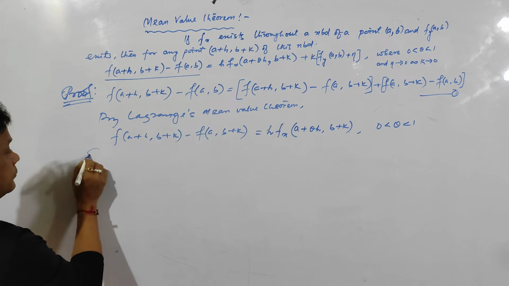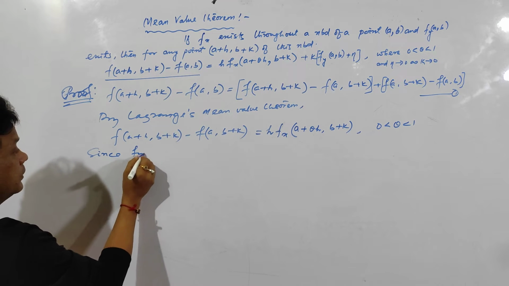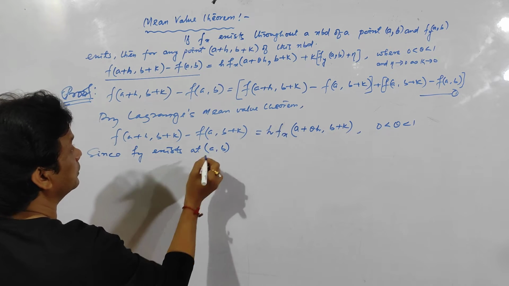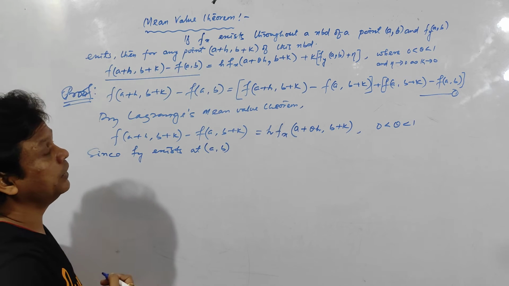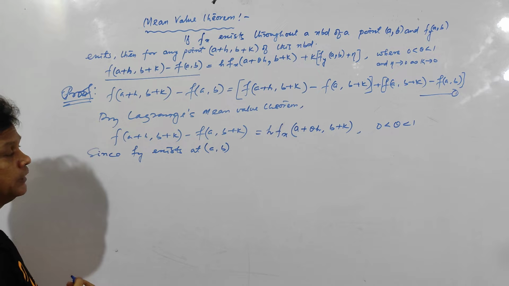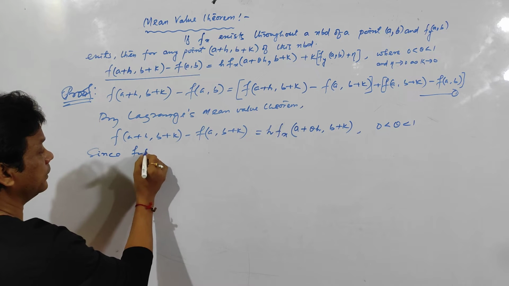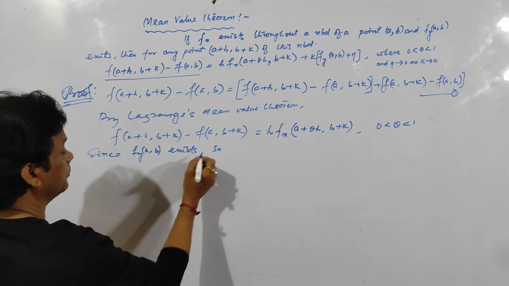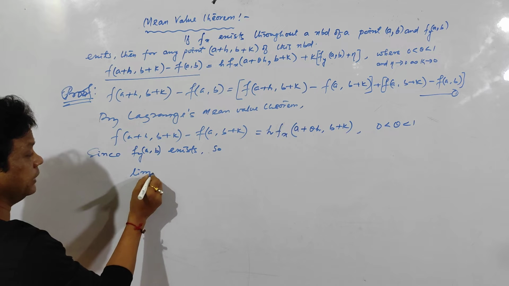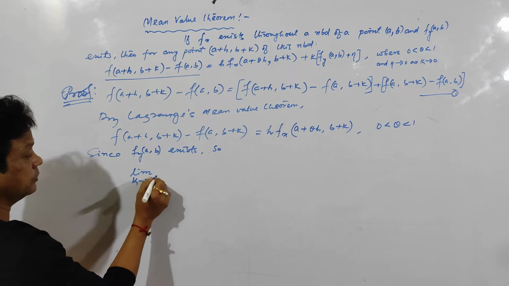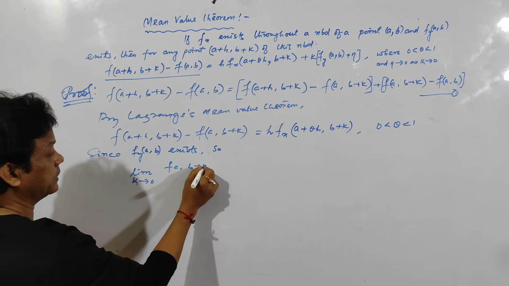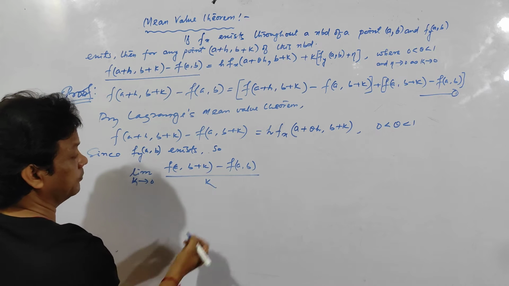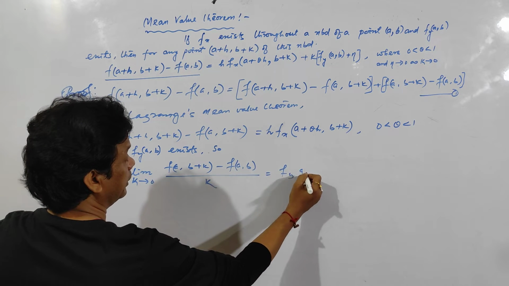Now since fy at (a, b) exists, it is given, what is the definition of fy? Limit k tends to 0, f of (a, b plus k) minus f of (a, b) divided by k is equal to fy at (a, b).